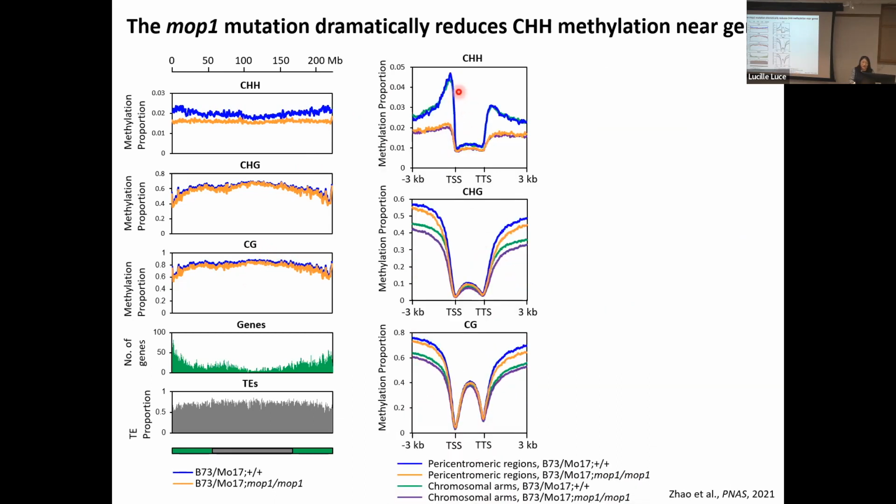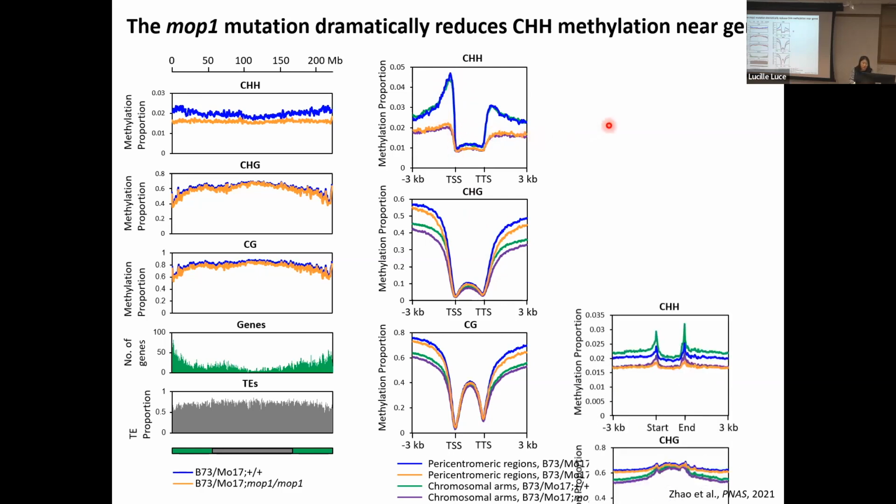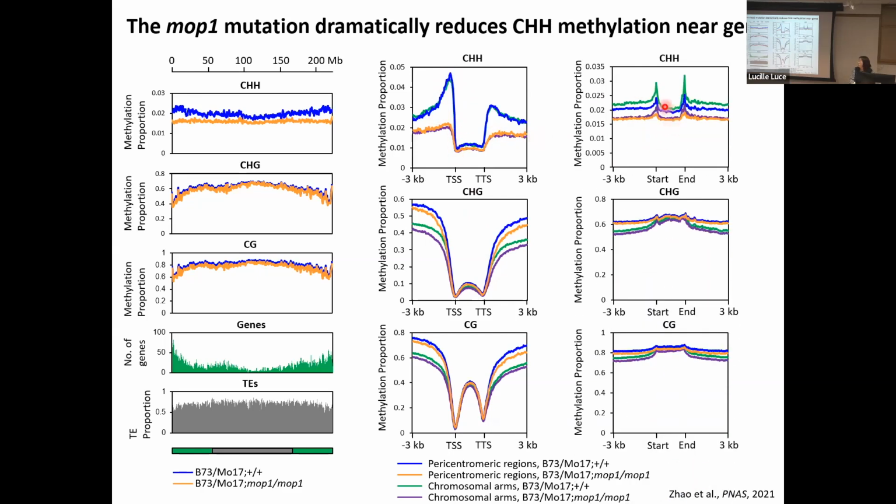If you check the island region near genes, you can see the mutant largely removes this island. And if you check the transposons, you also can notice the edges of transposon methylation are also reduced. So we think this mop1 mutation dramatically reduced methylation near genes, which results in the redistribution of crossovers.